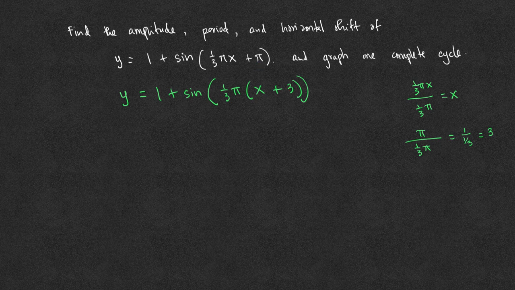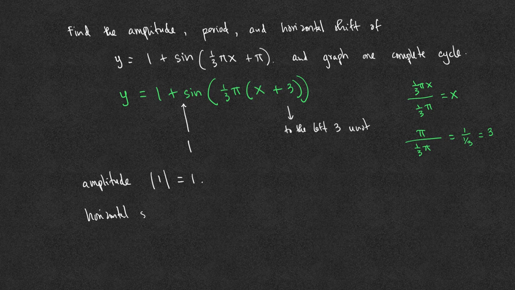Once the equation is in this form, the coefficient in front of the trig expression is 1, and so the amplitude is 1. If it is negative, we would need to take the absolute value of it. The plus 3 inside the sine indicates the horizontal shift, and it's shifted to the left 3 units, and so the horizontal shift is -3.